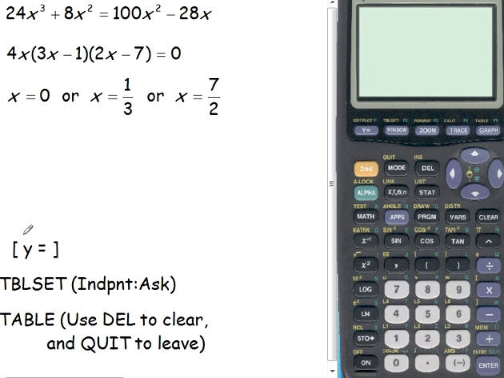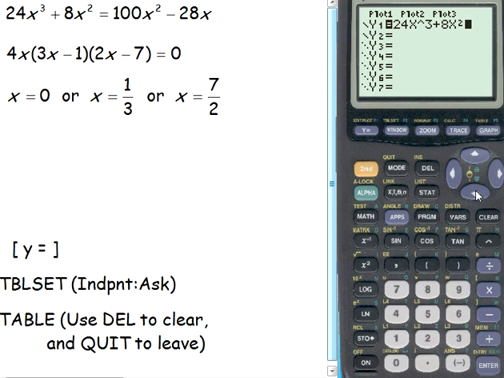On the bottom of the screen I have some of the keys that we'll be using to do this. Alright, we go to the calculator, turn it on, and go to the y equal key, and we enter the left side of the equation as y1, exactly as written. So 24 x to the third power plus 8x squared.